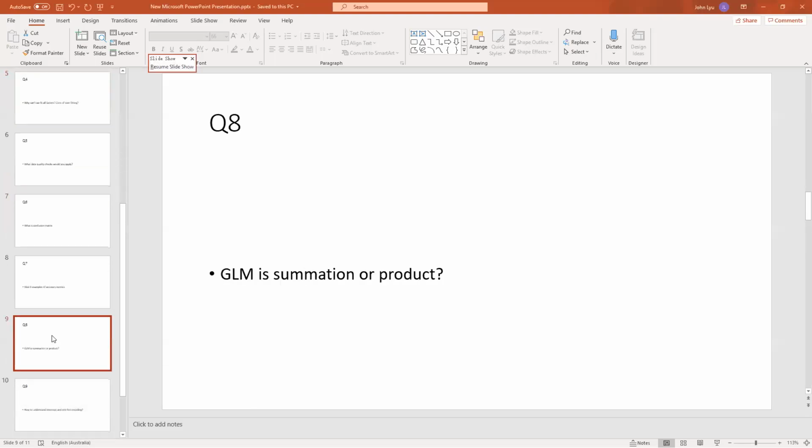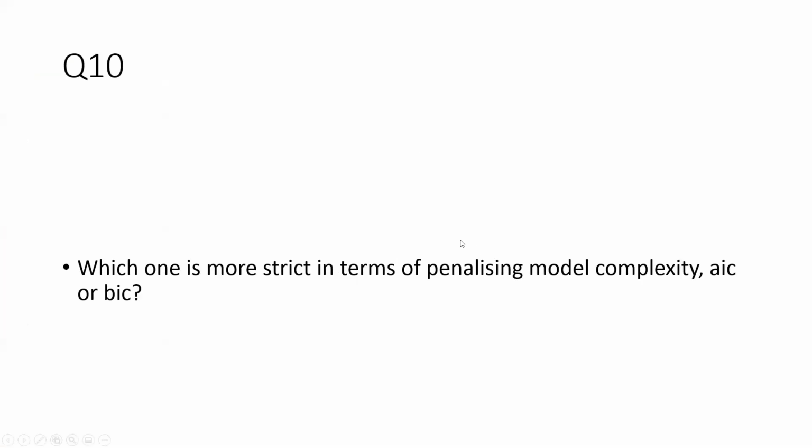Okay. Oh, by the way, who has the right answer for question 9? It's too hard, I think. Oh, sorry. That's one. Which one is more strict in terms of penalizing model complexity, AIC or BIC? Have you guys learned AIC and BIC in uni?